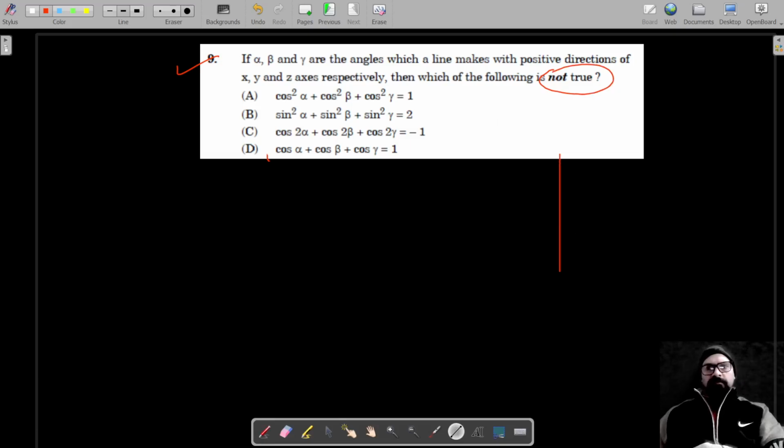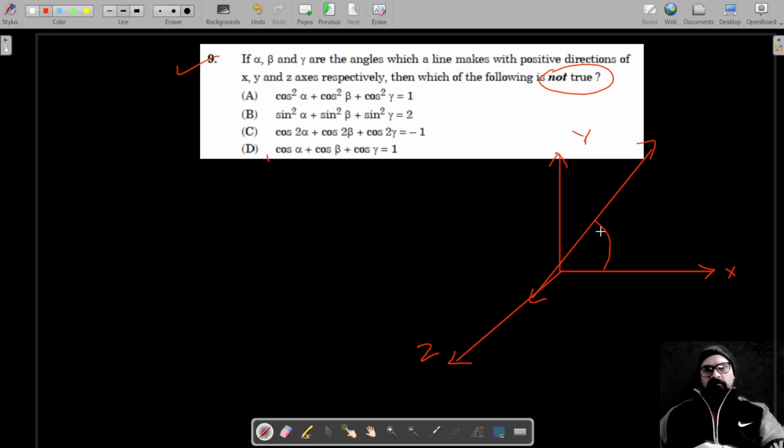Okay, and if we have these three coordinate axes x, y, and z, and let's suppose there is a line, we know that the angle that it makes with the positive direction of x-axis is known as alpha, with y-axis beta, and with z-axis it's gamma.